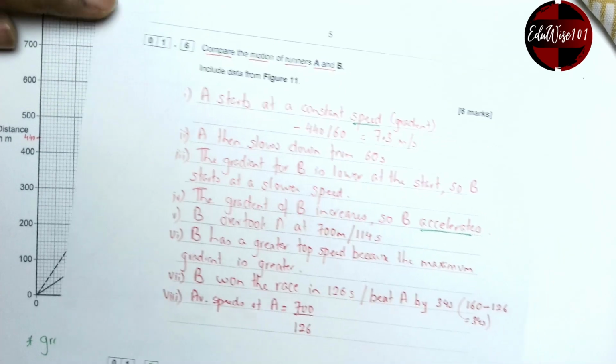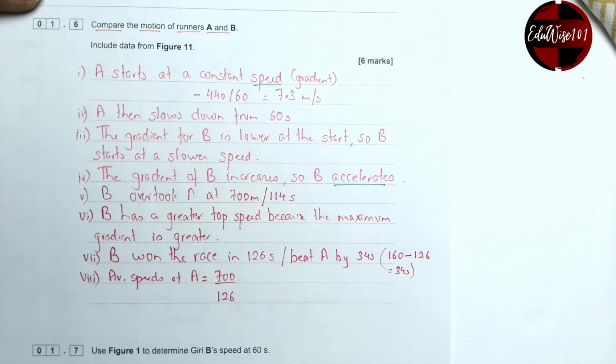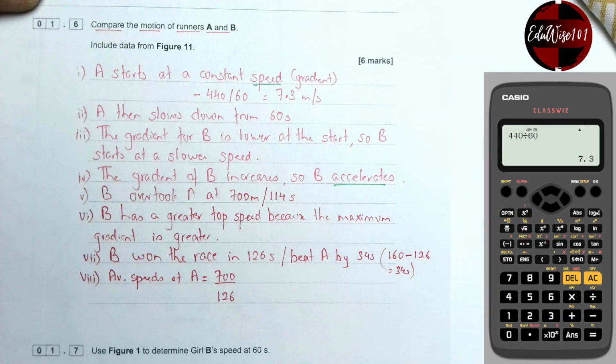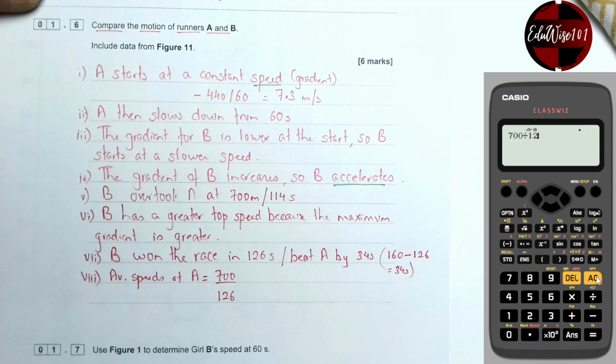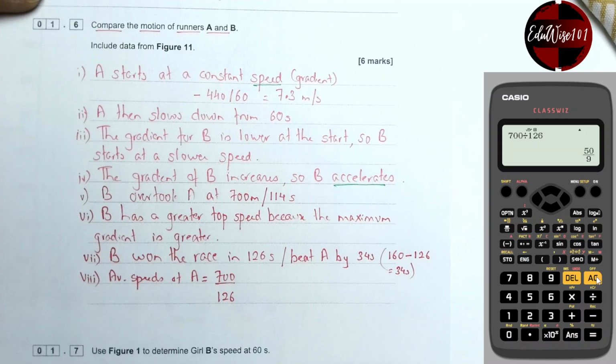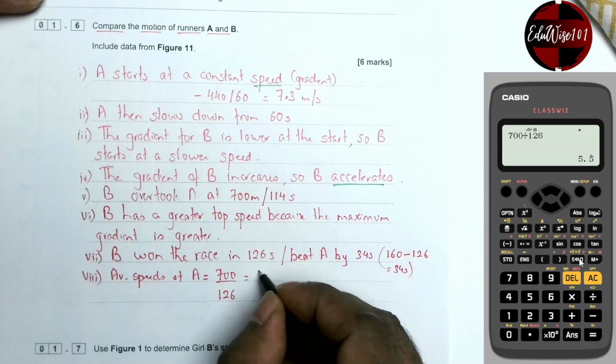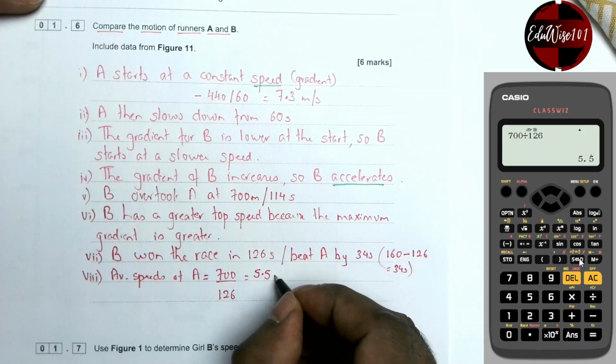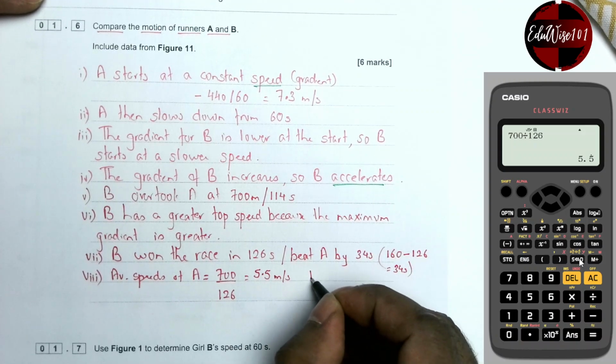So let's bring the calculator up again. 700 divided by 126, that gives me 50/9. That's 5.5 meters per second.